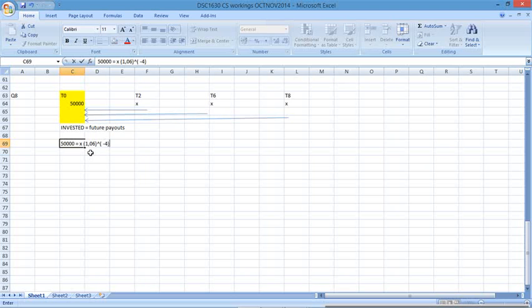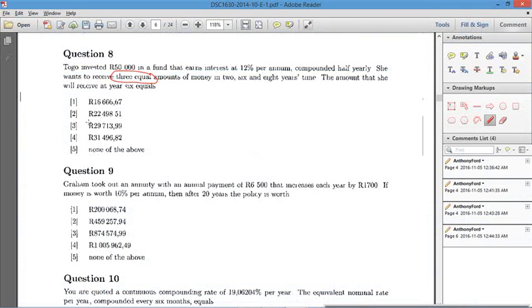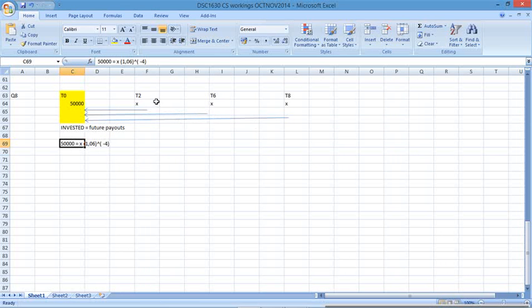Why 4? Well, if you look at the question, they said compounded half yearly, and they said in 2 years' time. So this is 2 years, and that's why I need to multiply this by 2 to get half years.